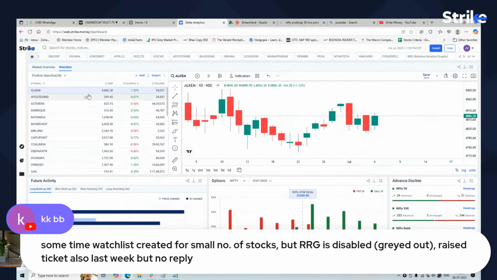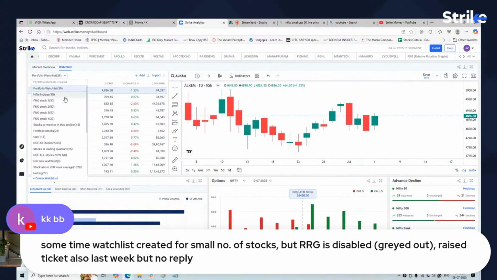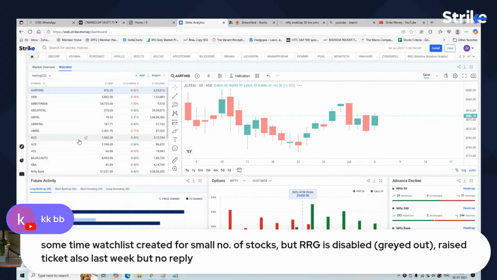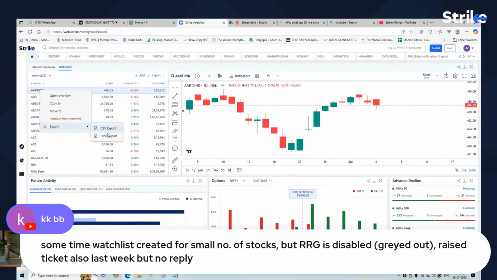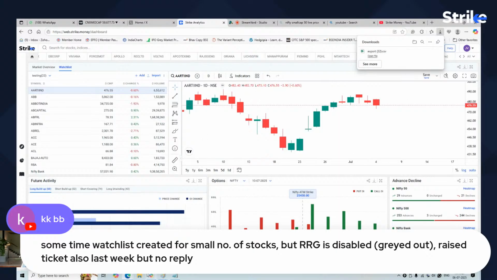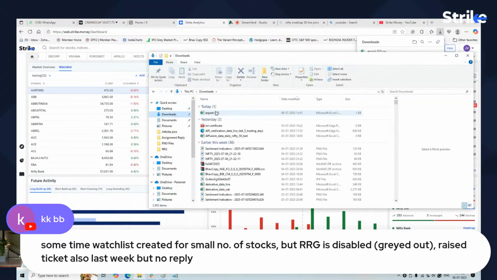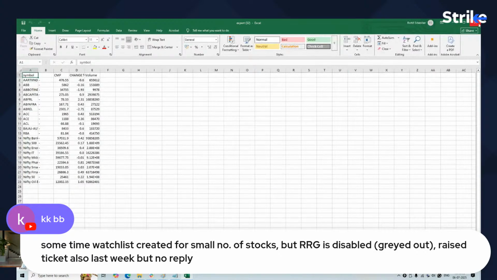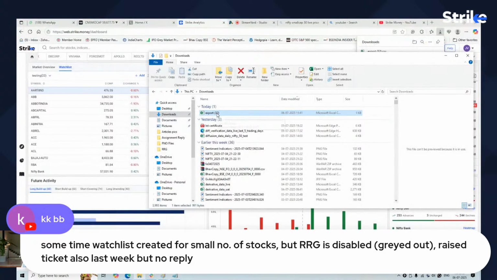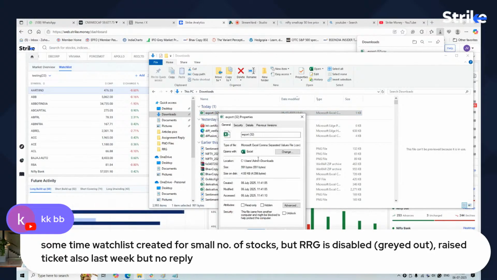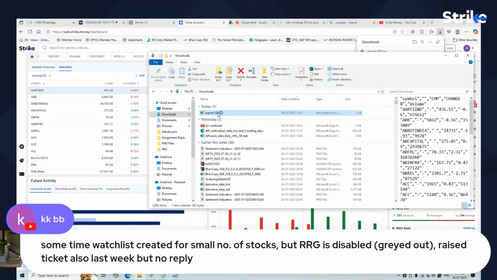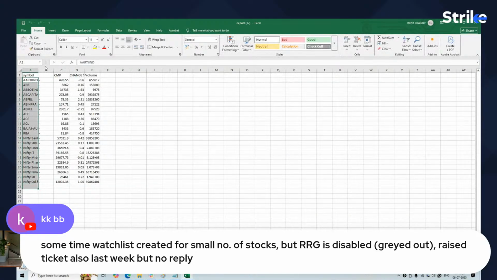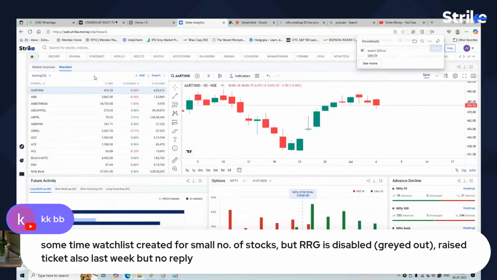Now, for example, I want to make this testing watch list once again, and I'll give it some other name. So I have to import CSV. From wherever you are downloading, we would want a CSV file of that. I think I downloaded it in properties. This is the CSV. We are only bothered with symbols. If you have this, then the watch list will be created.